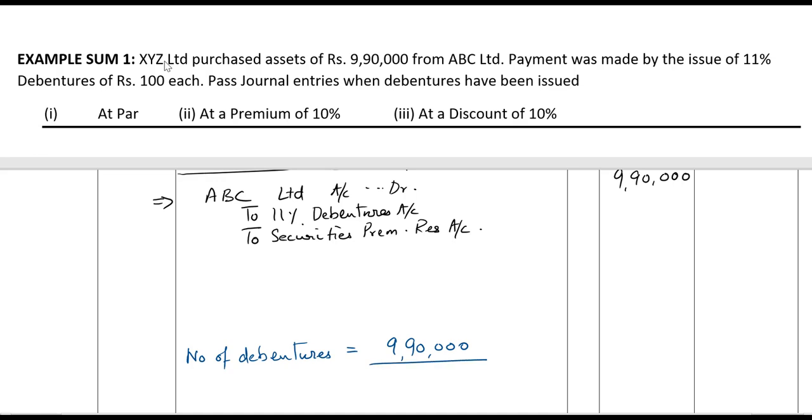The debenture has been issued at a premium of 10% on the face value of rupees 100. Therefore, the issue price is 110 rupees. So we have 9,000 debentures as the number of debentures issued.